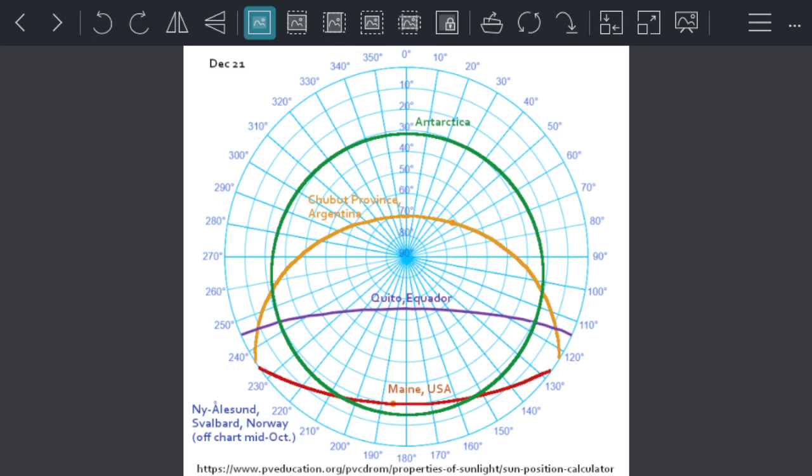And the azimuth also changed. So you can see more illustrations of the changing altitude and azimuth in the original video, Challenging Standard Cosmology of the Sun. But I just wanted to emphasize this particular chart and how we can see the sun arcs a little bit differently using this chart.